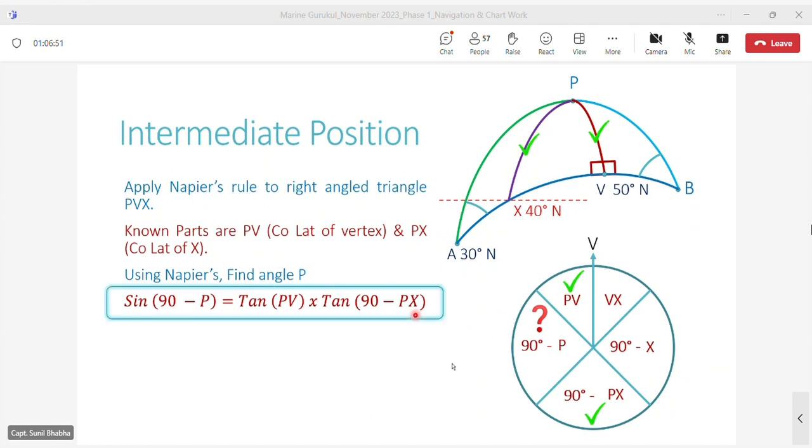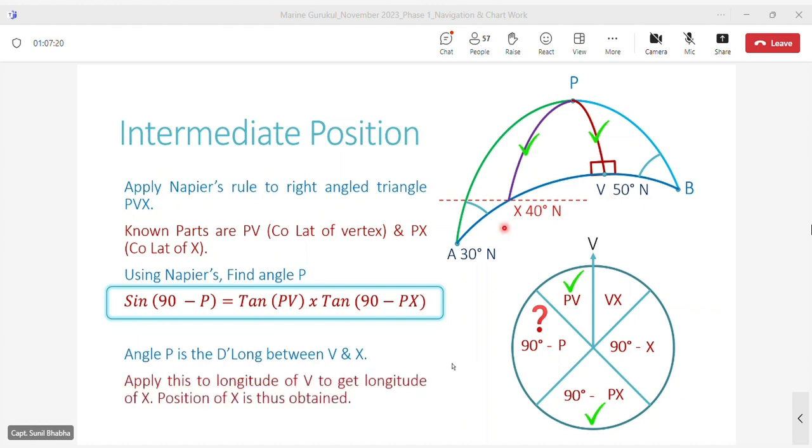So by putting these two values, we can easily obtain the value of angle P. Once angle P is found out, if you look carefully, angle P is the d long, difference of longitude between Victor and X-ray. The longitude of Victor or the vertex is known to us. So when we apply this angle P, d long, to the longitude of vertex, we obtain the longitude of position X. Latitude was already given to us, longitude has been obtained, so position X is found out.